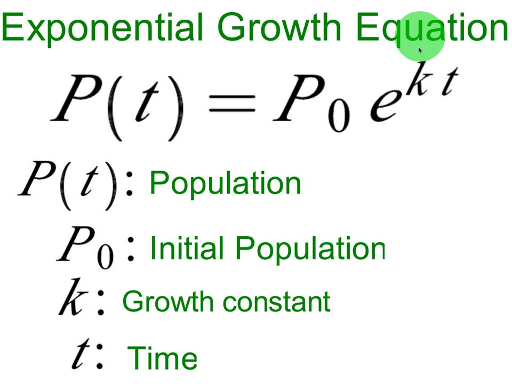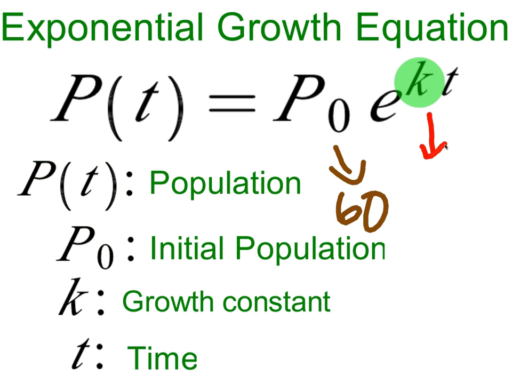So here is our exponential growth equation. The P naught represents, in our particular example, the 60 rabbits. We showed that the initial population will show up as this number right here. So I'm even going to notate that. Now it's not always 60, but in our example it was 60. This number right here, K, represents the growth constant. In our particular case, it was 1/30th.